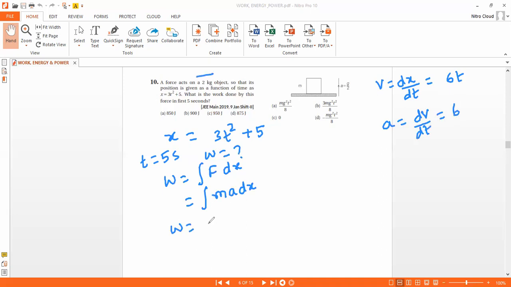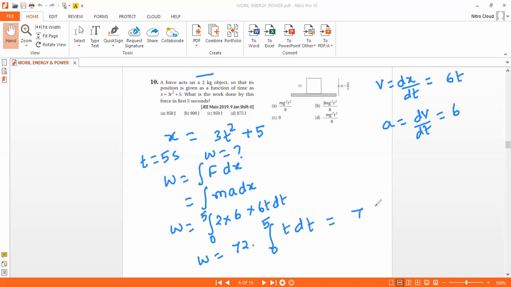So work done is equal to integral of mass, which is 2, times acceleration, which is 6. From here I know that dx means 6t dt. Between the values from 0 to 5 they asked to find this. So work done is equal to 72 times integral 0 to 5 of t dt.